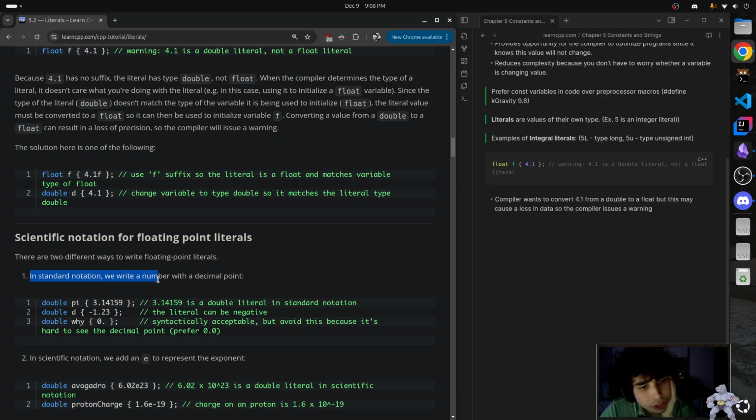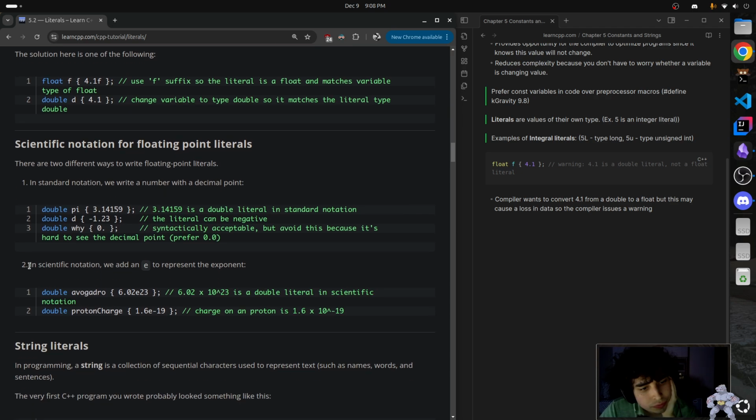In standard notation, we write a number with a decimal. In scientific, we add an e to represent the exponent. Okay, that didn't teach me anything.